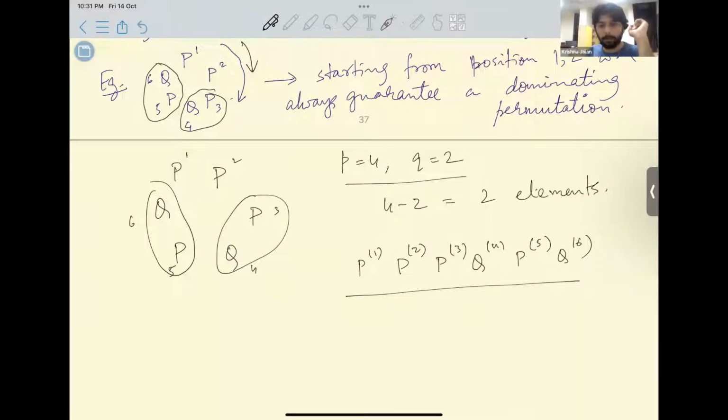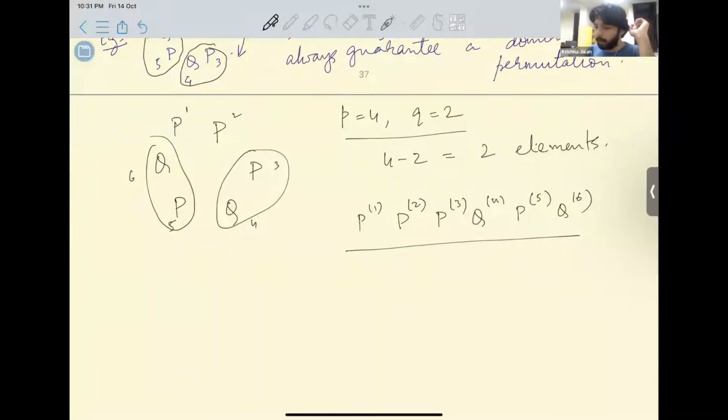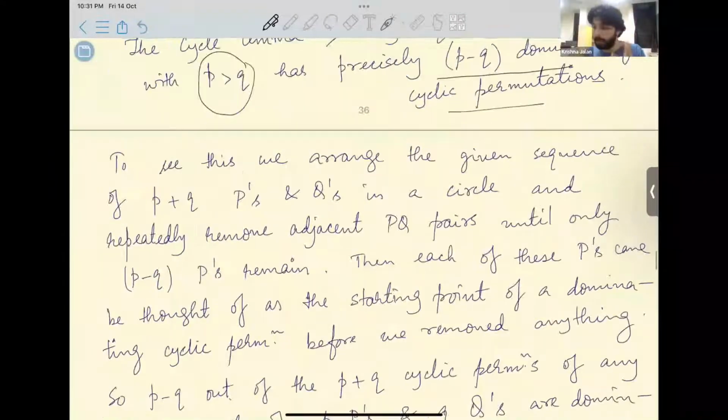That's a guarantee. Similarly, you could start with this P as well, and you'll end up with a dominating sequence.